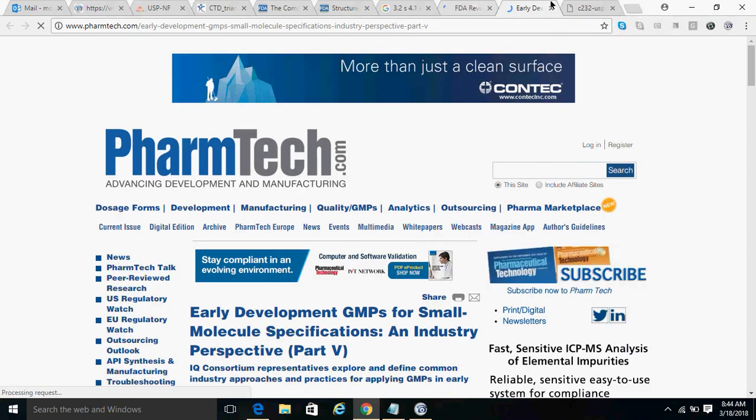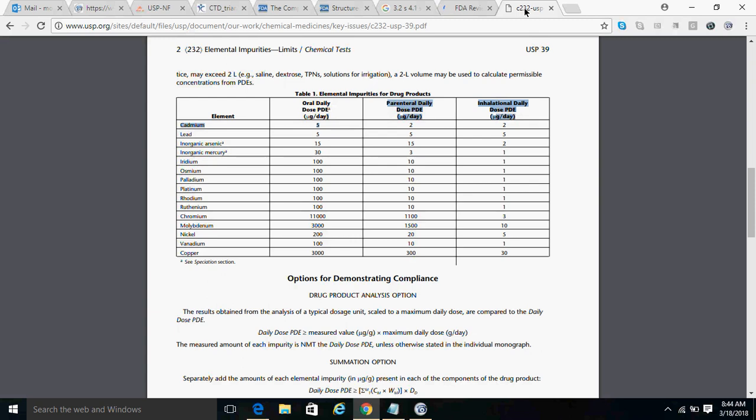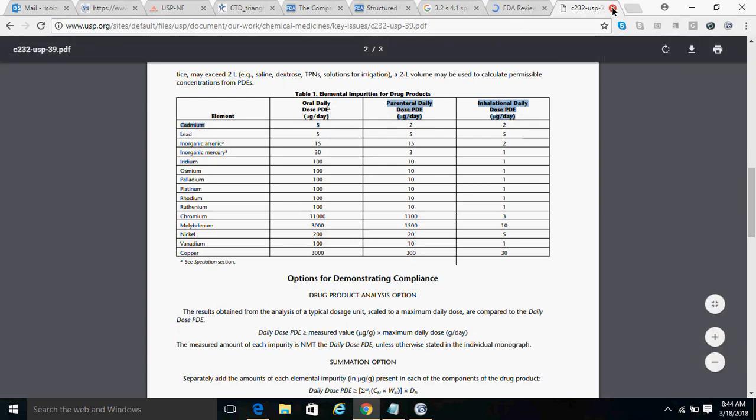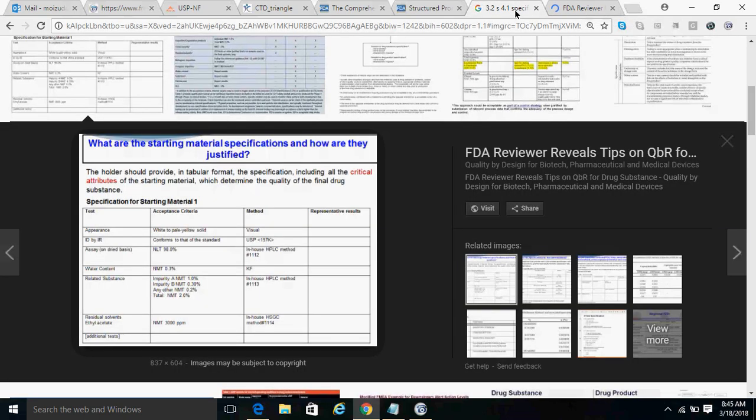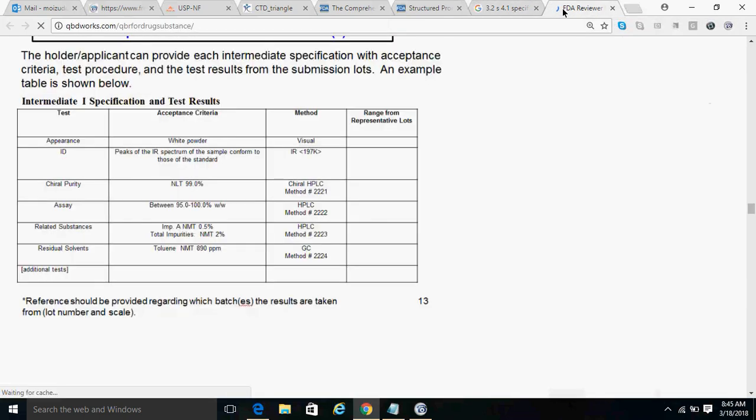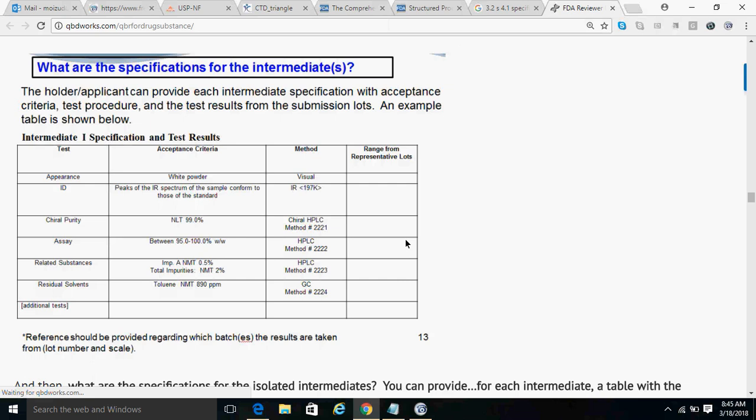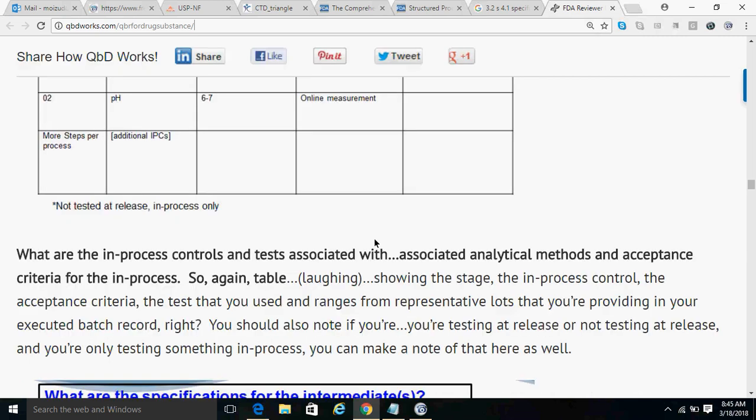Somewhere I copied it. Please excuse me, guys, my system. Oh no, not this one. Okay, this one. I hope all of you can see the screen. Let me see if I can enlarge this one.